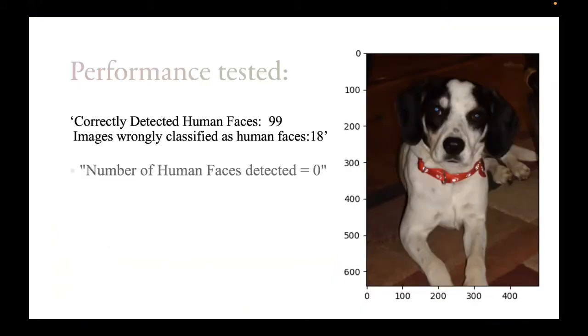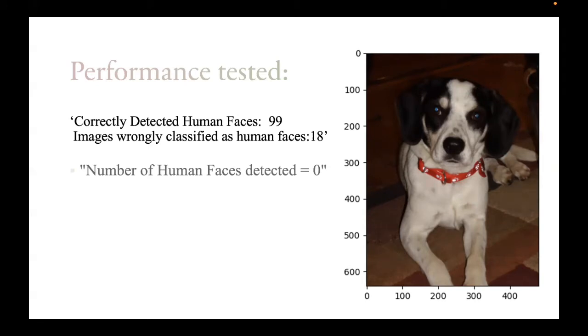I have given a dog image as input to the face detector, and this is why the result is printed as number of human faces detected equals 0. I have also tested the performance of this face detector. I detected 99 human faces correctly and 18 images were wrongly classified as human faces from the dog image data set.